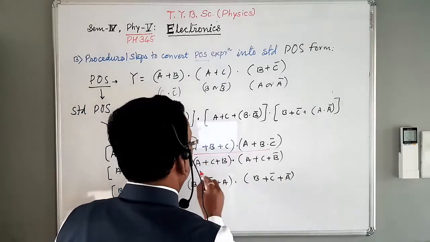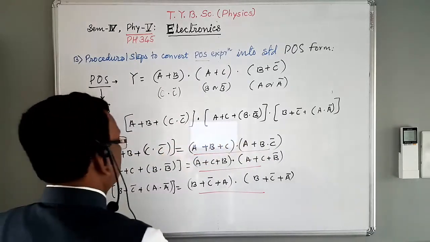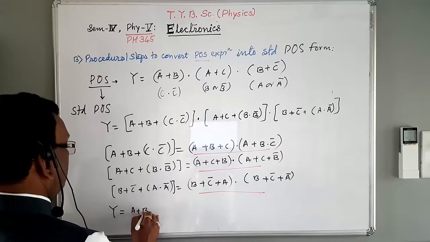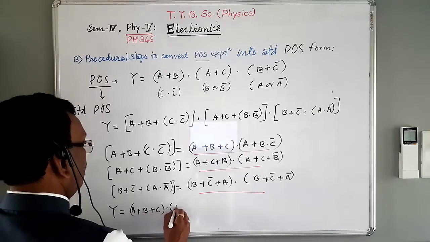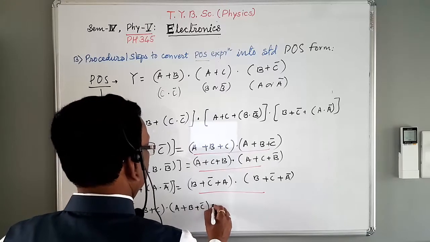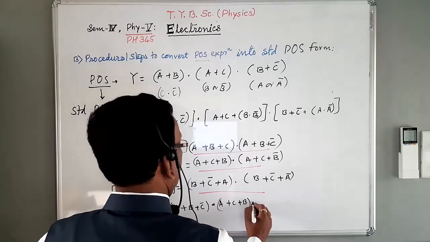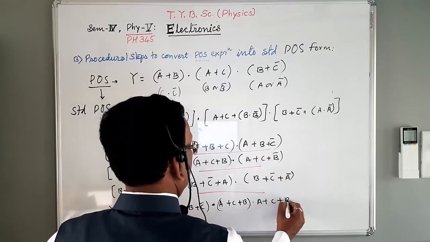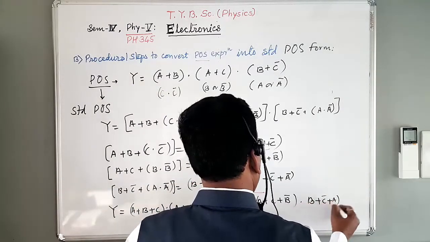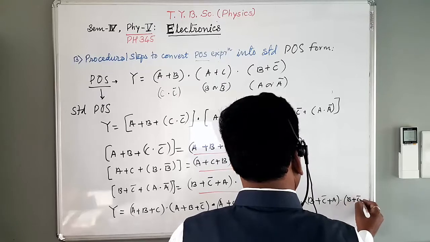When we substitute these values in place of the brackets, we have y is equal to (A plus B plus C) into (A plus B plus C bar) into (A plus C plus B) into (A plus C plus B bar) into (B plus C bar plus A) into (B plus C bar plus A bar).